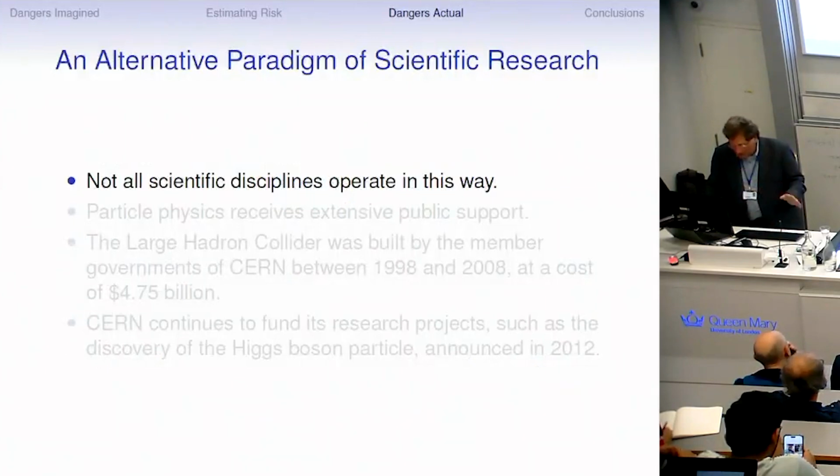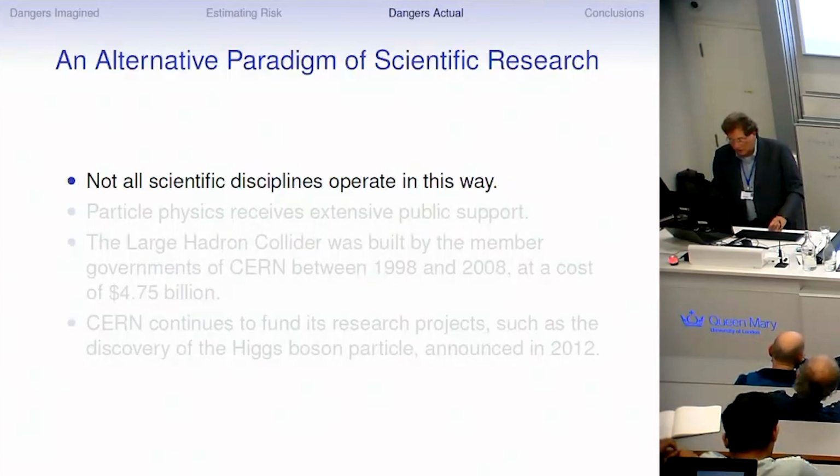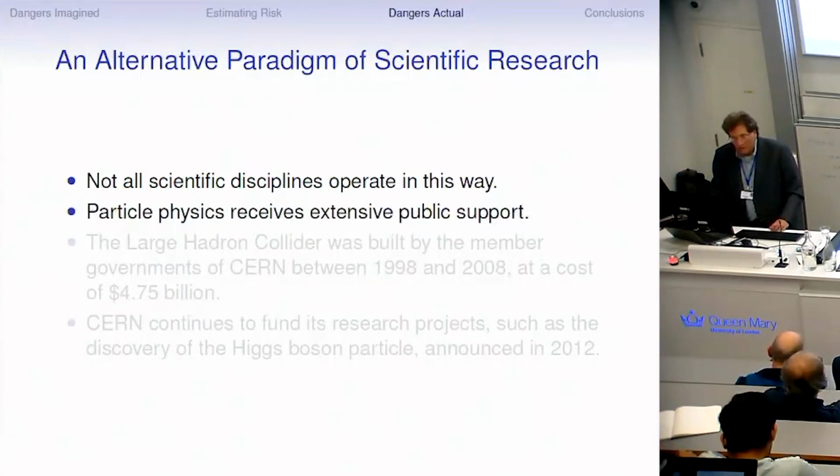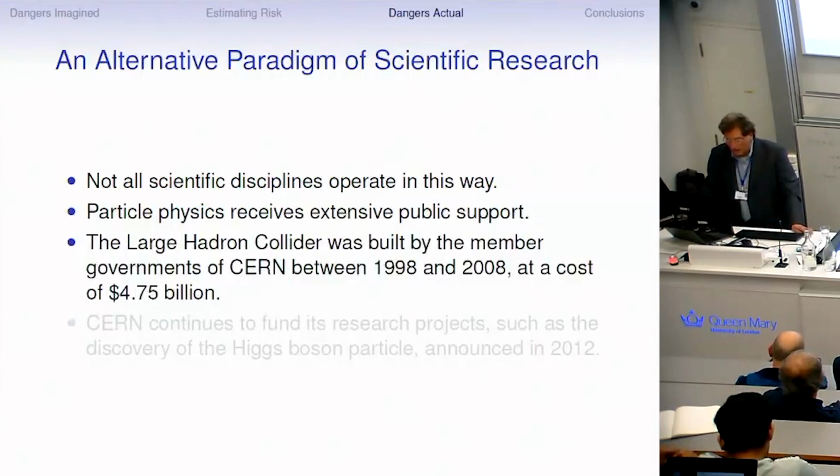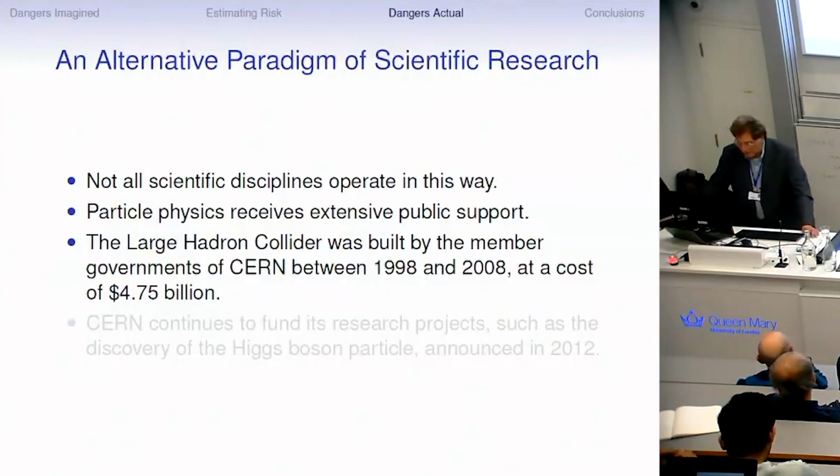You might think, well, okay, this is because AI is expensive and only the private sector can handle that, but that's actually not true. Not all scientific disciplines work this way. Particle physics does not. Take the example of the Large Hadron Collider between Switzerland and France. It was built by the governments that are members of CERN, which is the European Nuclear Research Center.